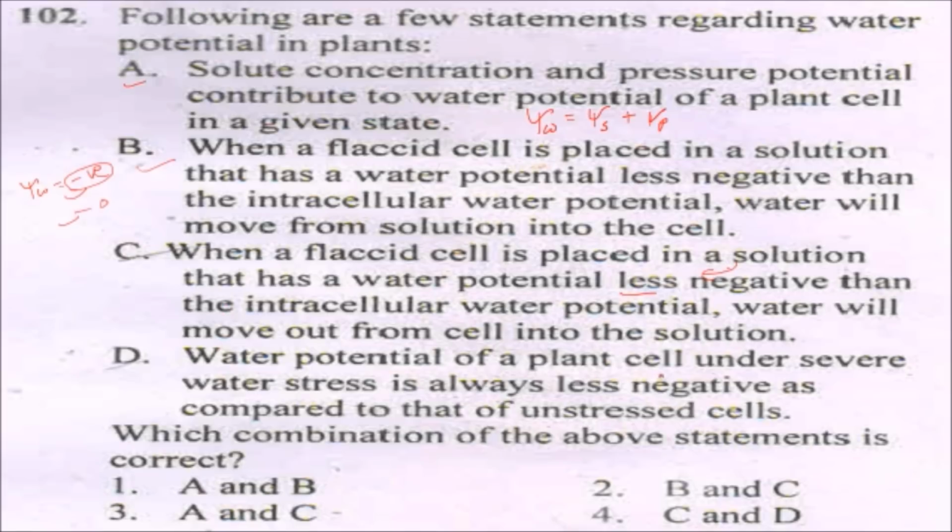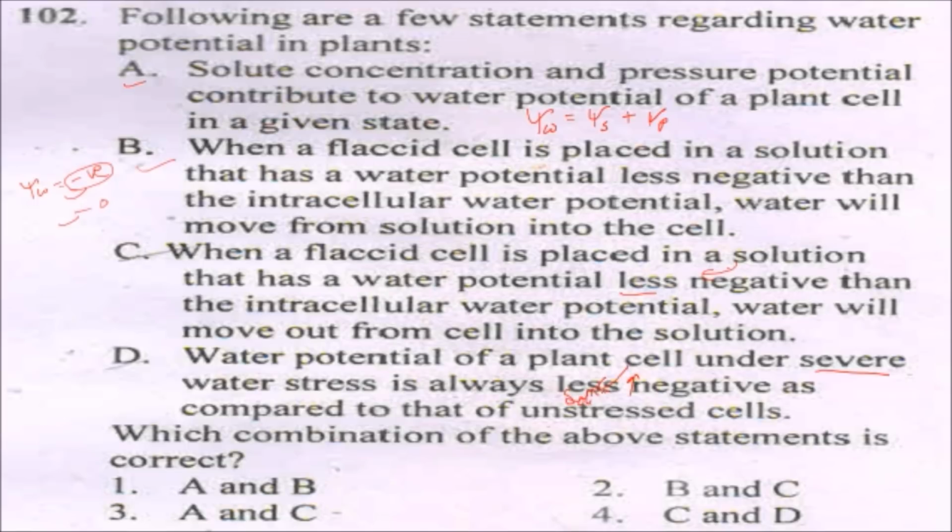Water potential of plant cells under severe water stress is always less negative. If the water potential of the plant which is having severe water stress is less negative, or we can say more potential, then what will happen? Water will start moving from the cell toward the solution.